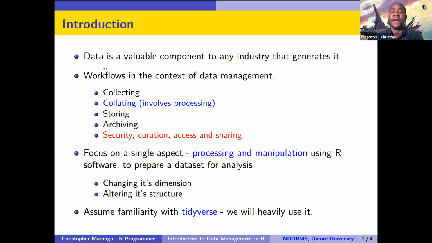But in this context, I am going to talk about one aspect of data management, which is processing. Of course, we have the collecting part, then the storage and the archiving. And there are other issues depending on the industry: data security, curation, access, and sharing. We are not going to cover those here.